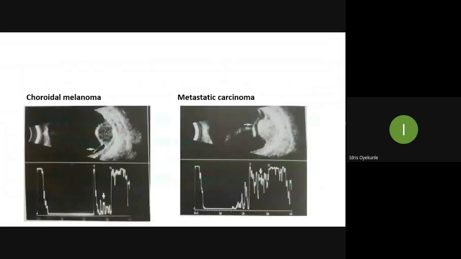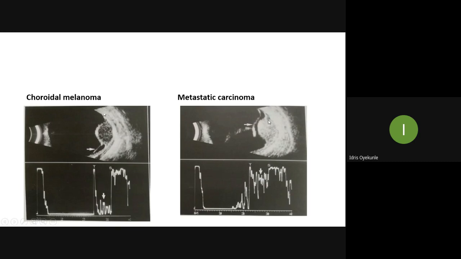So this is a comparison between the choroidal melanoma here on the left, and here the metastatic carcinoma. The first thing is that they are both dome shaped, as you can see. Here the echogenicity is quite uniform.